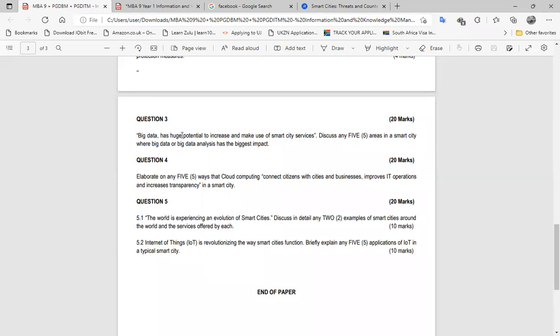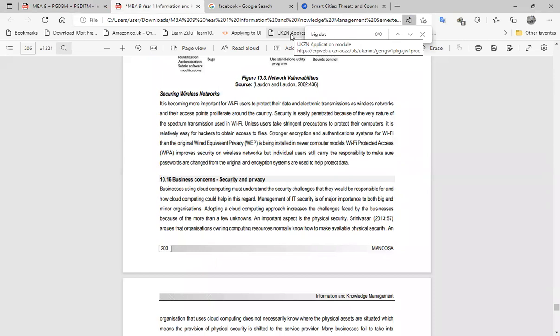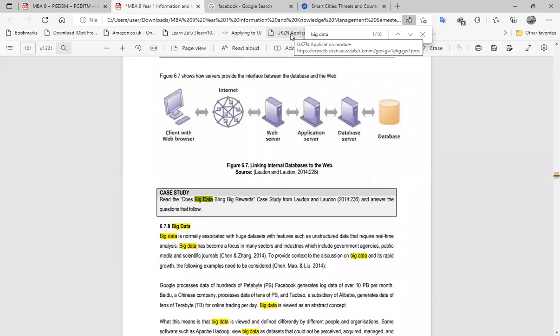So question 3: big data has huge potential to increase and make use of smart city services. Discuss 5 areas in a city where big data analysis has the biggest impact. Will we find this information in the study? I doubt it. This is information that you might not find in the study.